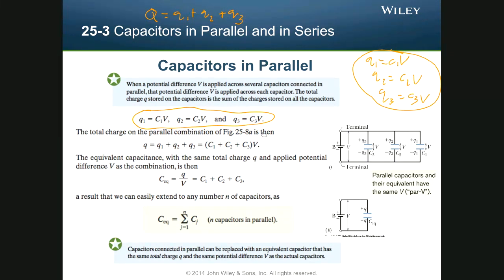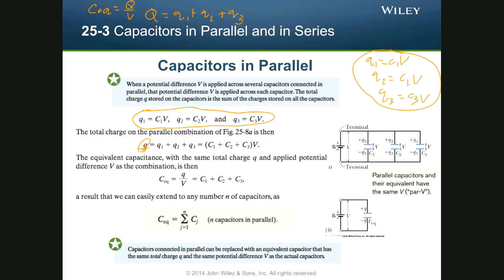And so what we can see here is that the equivalent capacitance of the circuit, C equivalent, is going to equal big Q over V. If we multiply by V, we have this Q expression, which is what I'm calling big Q, and we have V here.